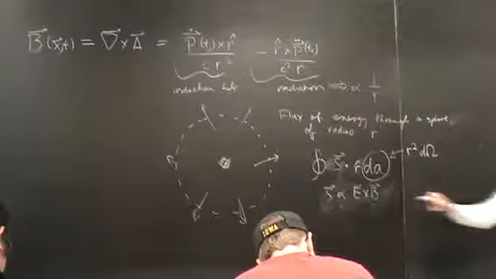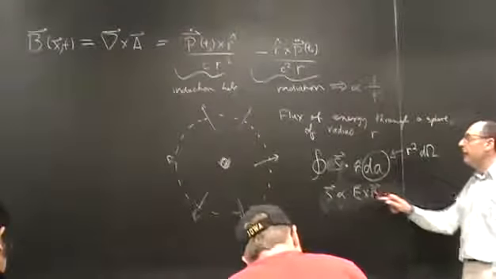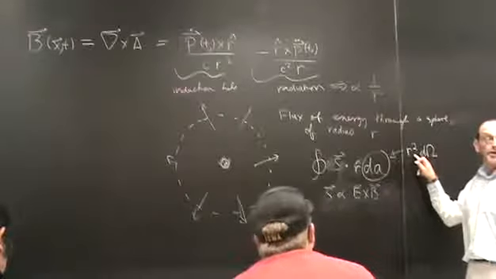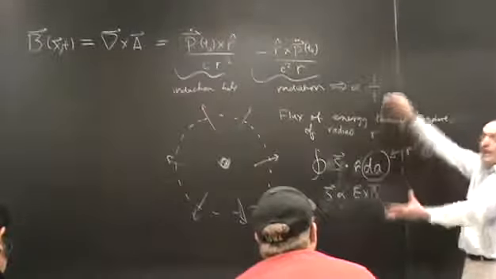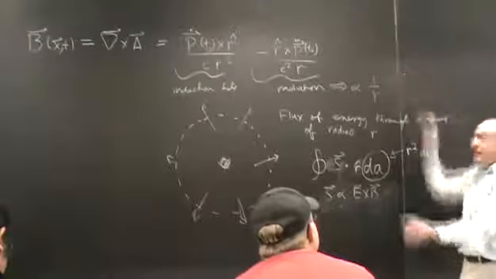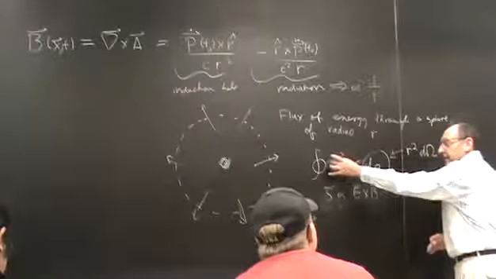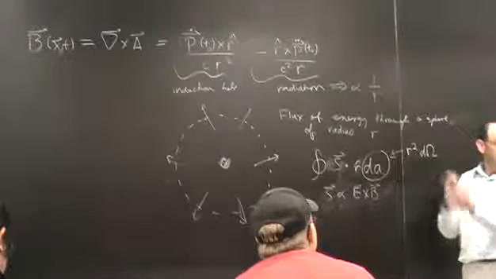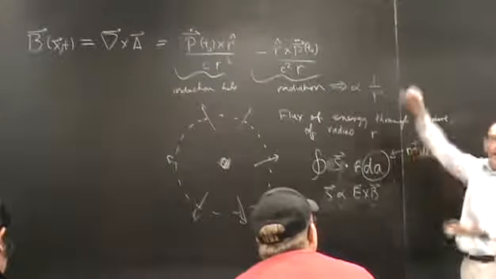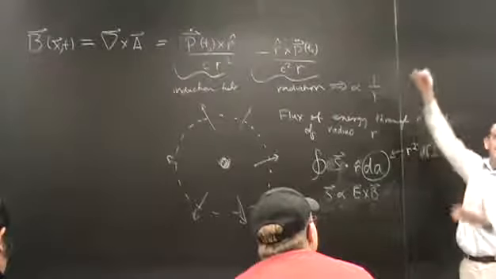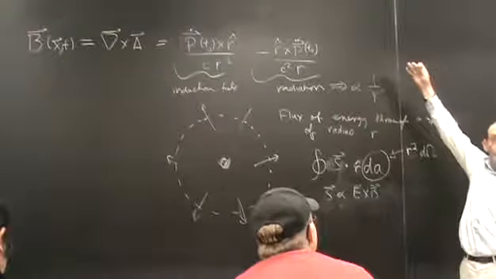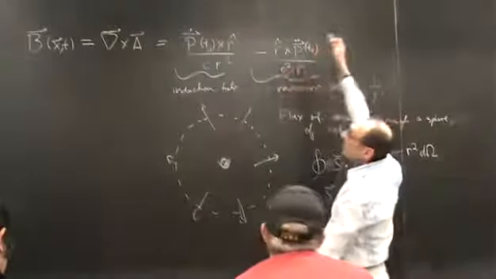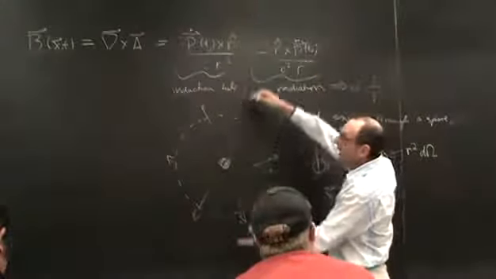So if E times B falls off any faster than r squared, then as the radius goes to infinity, the product of the intensity times the area will fall off with distance. And as the radius goes to infinity, there'll be nothing left. There'll be no flux.